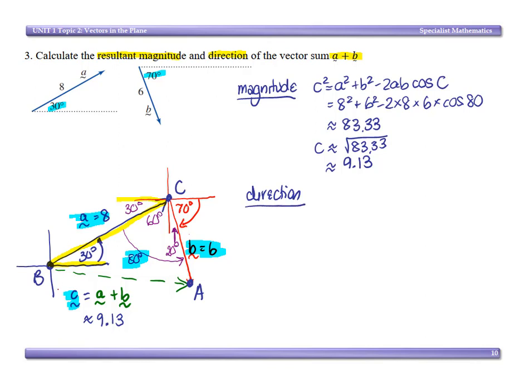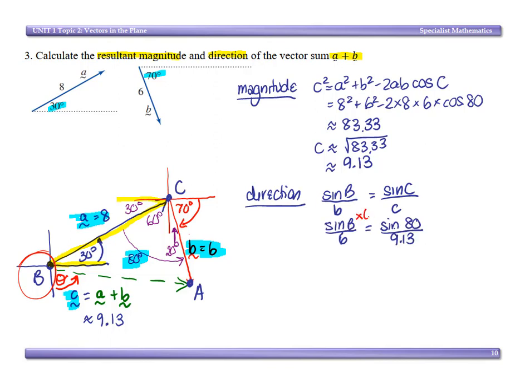Now for our direction, we're going to have to work out this angle here, so theta. So if I work out my angle B, that will help me with that. And I can use my sine rule, sine B over B, and I've got my angle C, so sine C, and I have my sine C. Plug in our information.